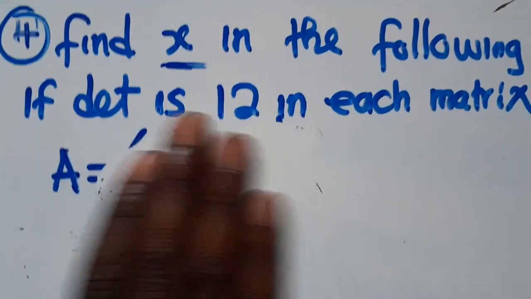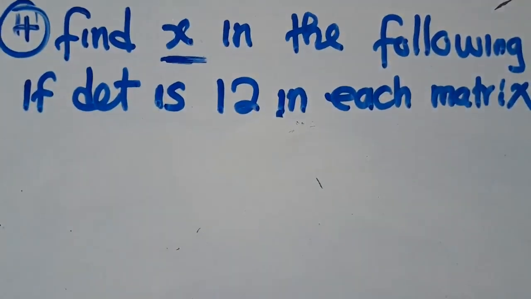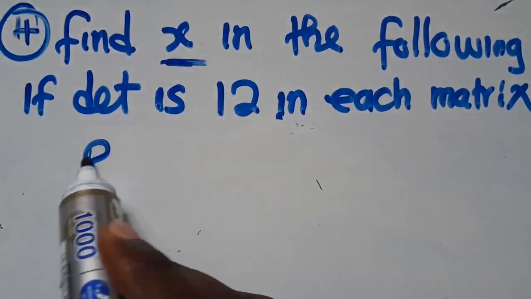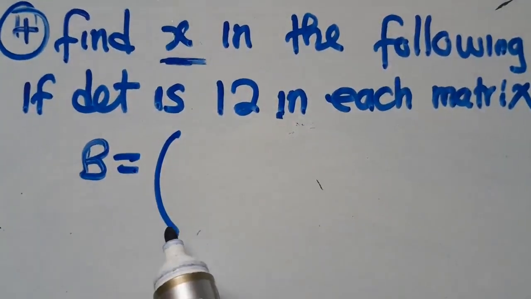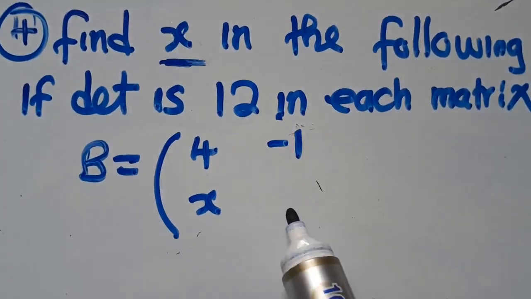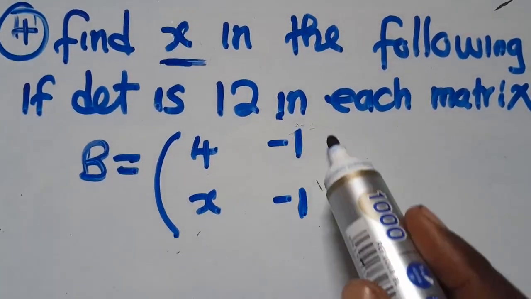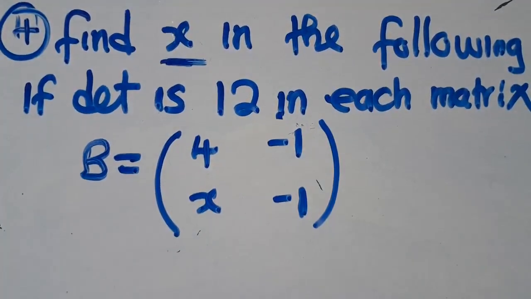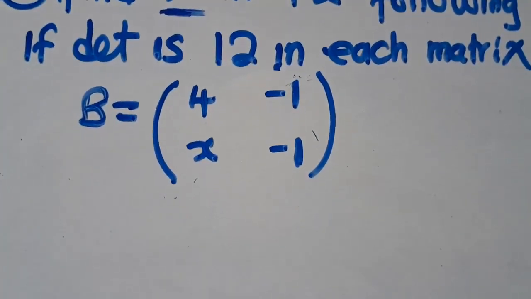Same question where the determinant is 12. We've got this one. B is equal to 4, x, -1, -1. How can we go about this? We find the value of x.